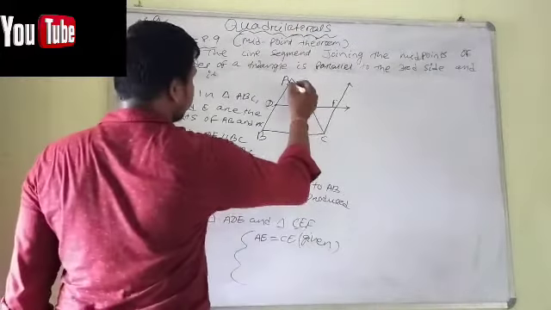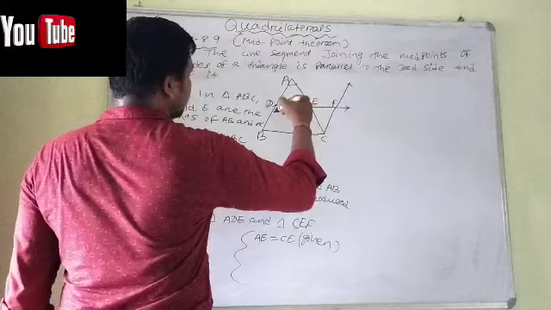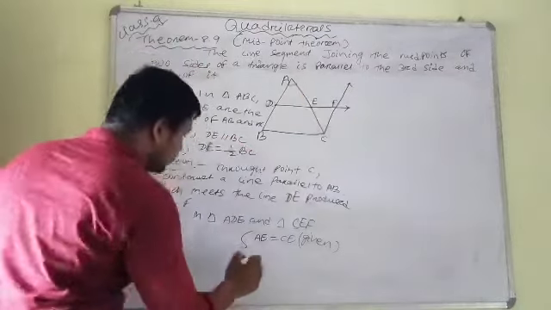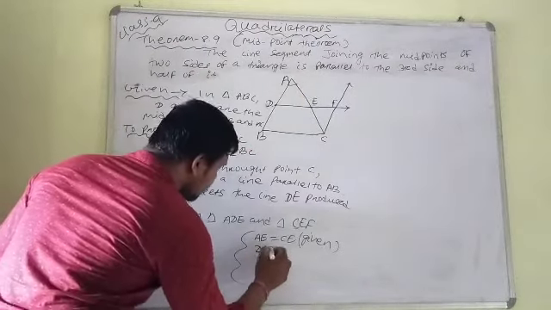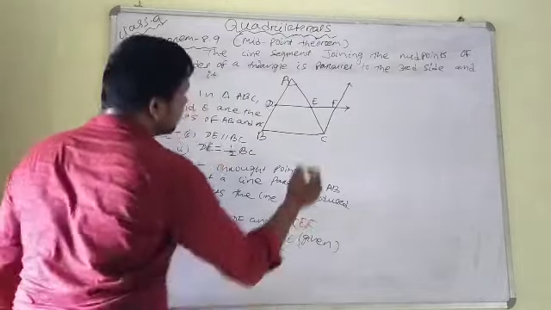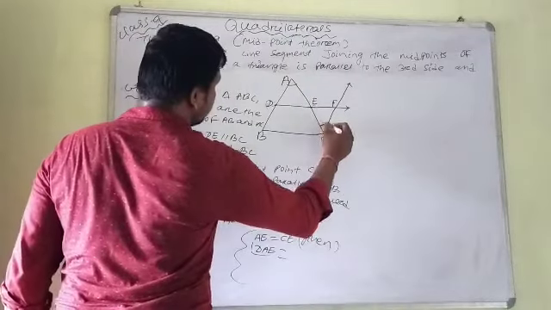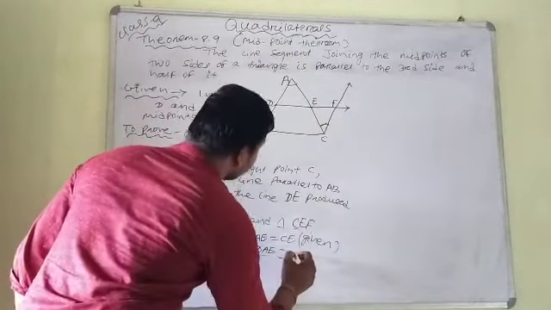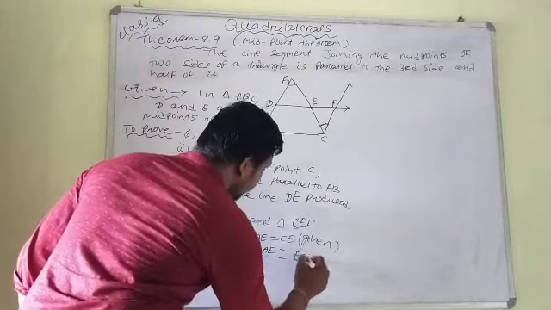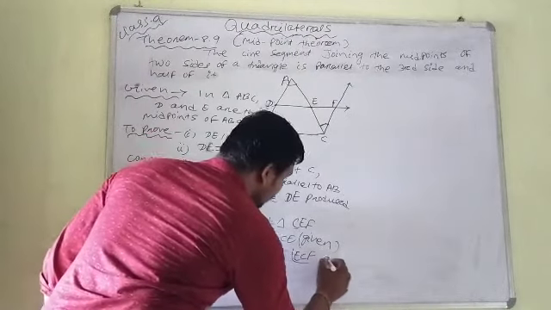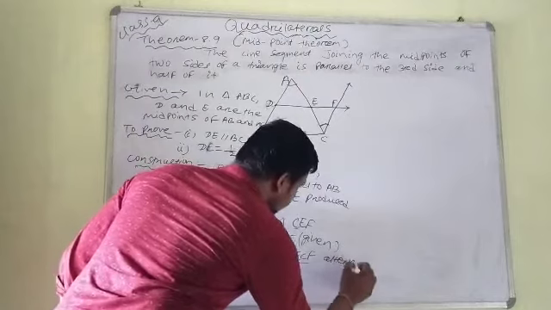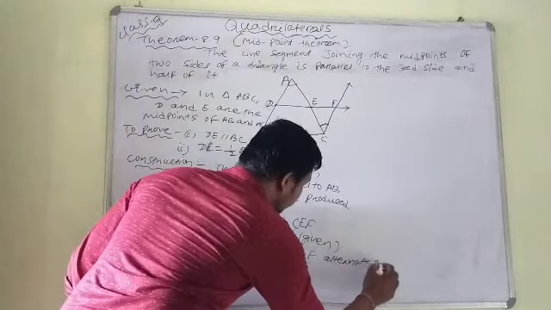Again we can say angle DAE equal to angle ECF, alternate angles. Why?